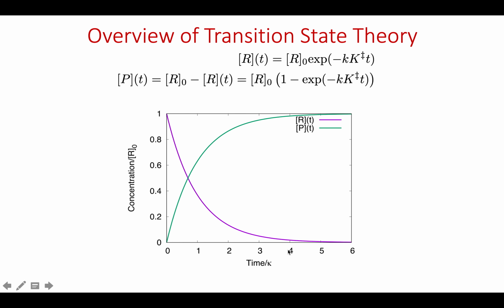Okay, and the other thing you can look at is, at what time are half of the reactants consumed? That would be called the half-life of this reaction. So that's this point on the graph right here where the purple curve and the green curve meet. That would be at the half-life of the reaction.